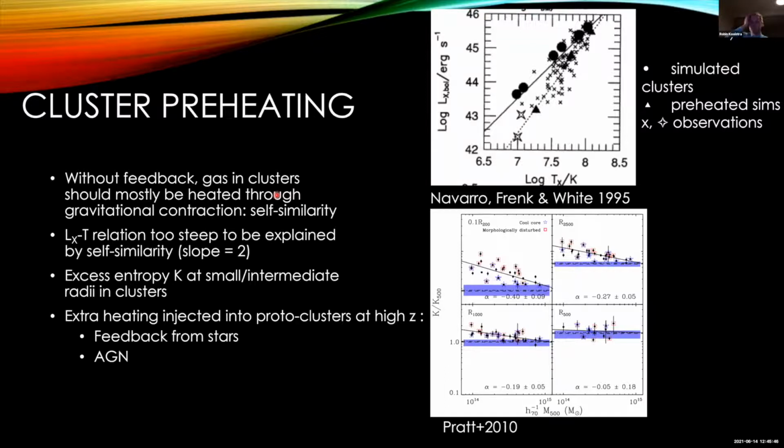So this suggests that there's some extra heating going on, and people suggested that you inject extra heat at higher redshifts, around 3 or so, into these clusters, and then let it evolve to the low redshift clusters that we see today. And this heating could be feedback from stars or AGN, etc. This is still something that people are discussing.